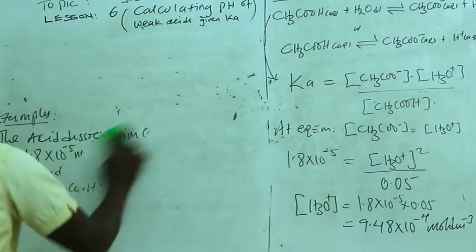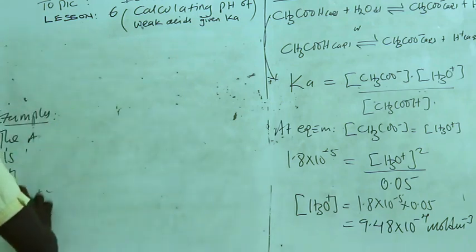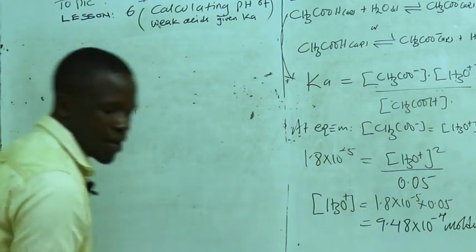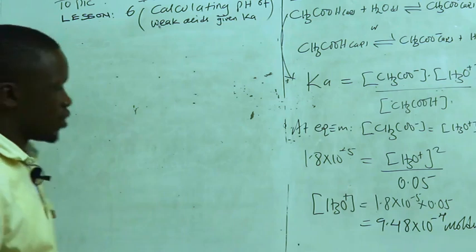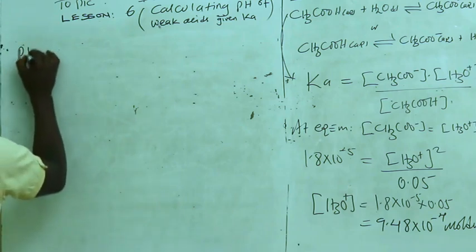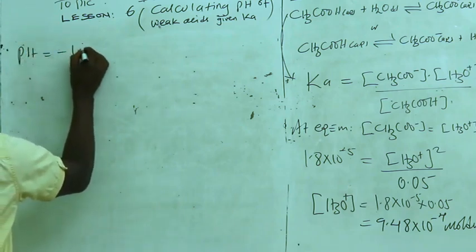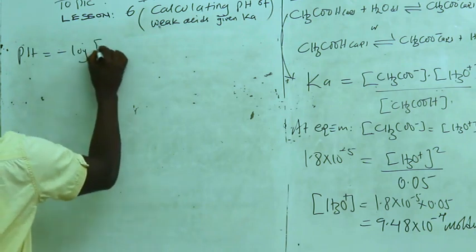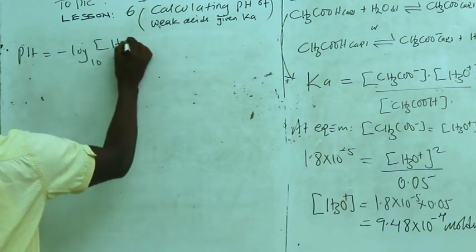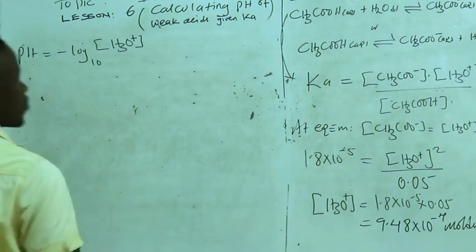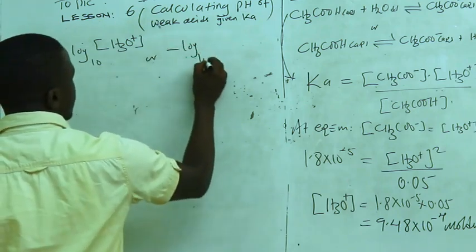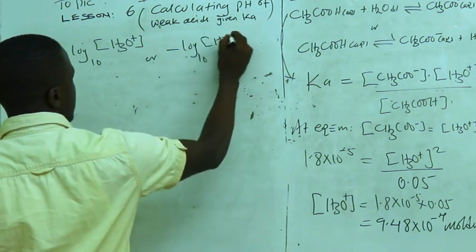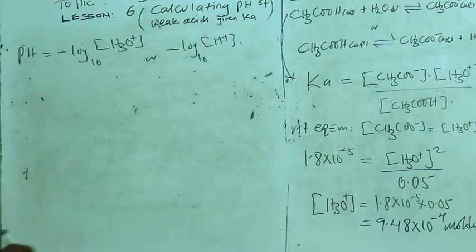Now, after getting the concentration of the hydrogen ions, we go ahead and determine the pH, because pH is defined as the negative logarithm to base 10 of the concentration of hydrogen ions. So pH is negative log base 10 of the molar concentration of hydroxonium ions, or hydrogen ions. No problem.